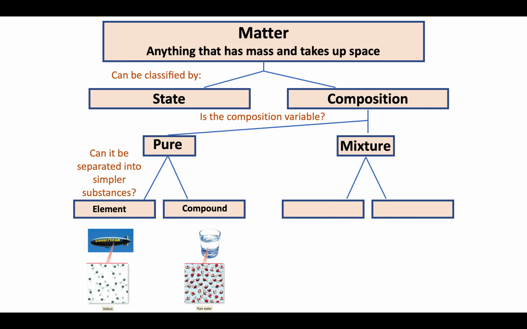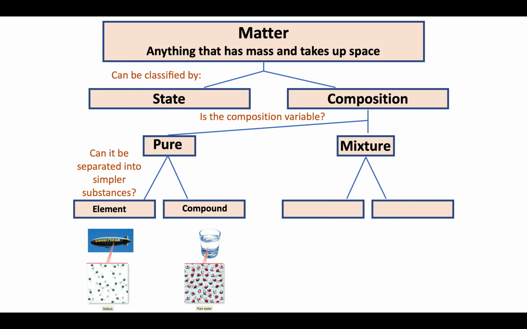But because that H2O has smaller recognizable components, that means that it's a compound. If we were to break that water into its components, we would break it into two hydrogens and one oxygen, and we would still be able to recognize the hydrogens as hydrogen and the oxygen as oxygen. So that's the difference between an element and a compound.